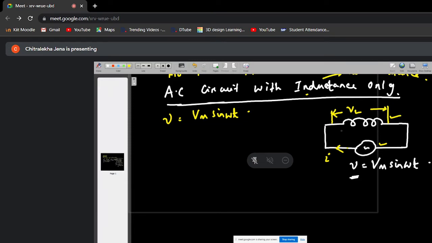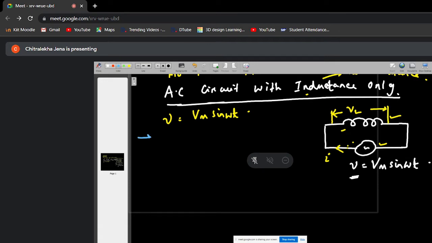Reverse EMF will continuously be induced. Very good, Amish. So an EMF will be induced.